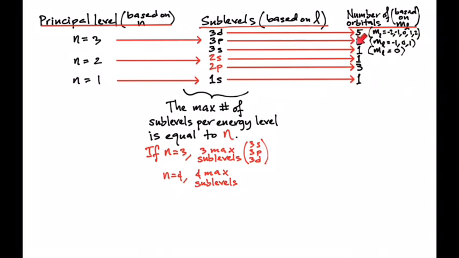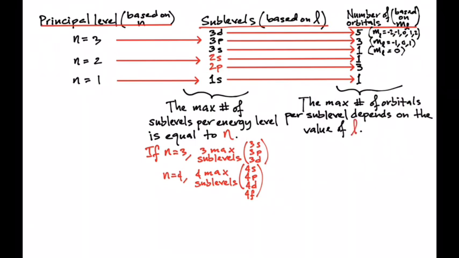On the right-hand side here, we have number of orbitals. There's also another way to determine the maximum number of orbitals possible per given sublevel. So how can we determine the number of orbitals per given sublevel? There's an equation for it.